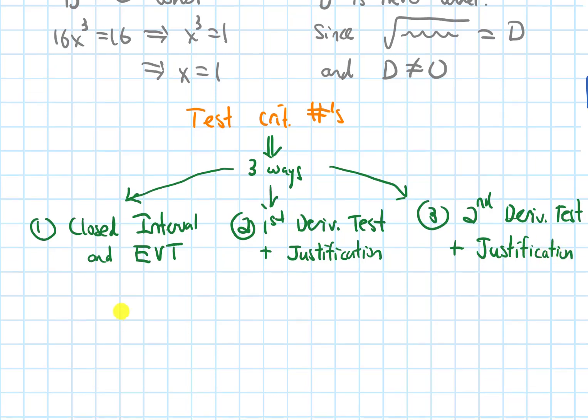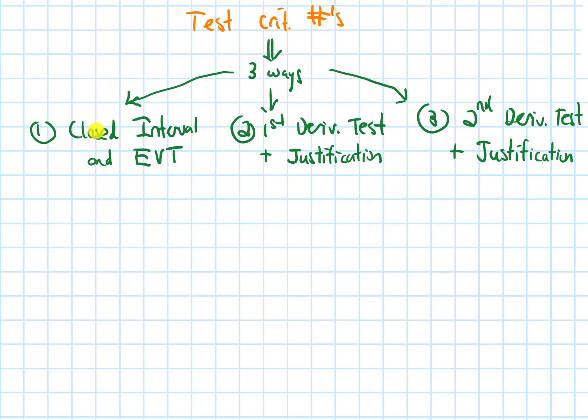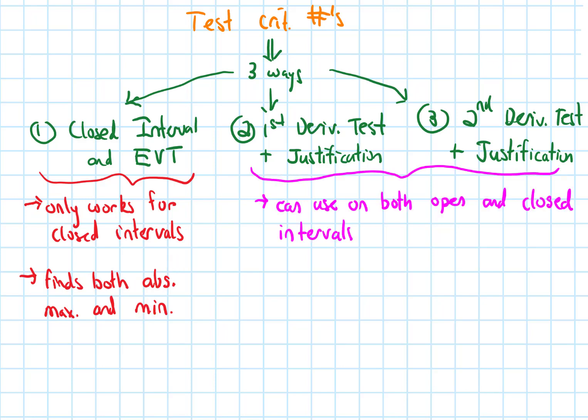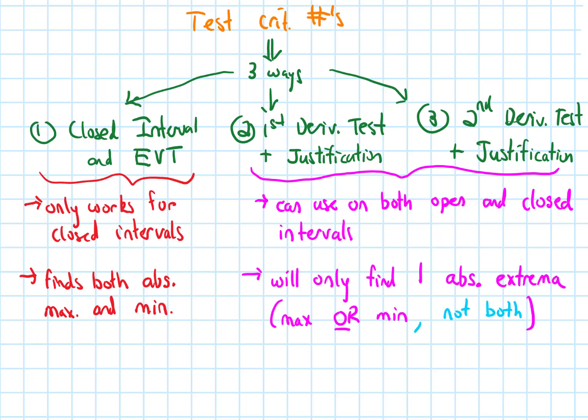Okay, so I'm going to summarize some key points about these methods. So with method 1, it only works when we have a closed interval. If my interval for my variable is open, I can't use it. And it finds both the absolute max and the absolute min. So with the other 2 methods, we can use them on both open and closed intervals, but they will only find one of the absolute extreme points.